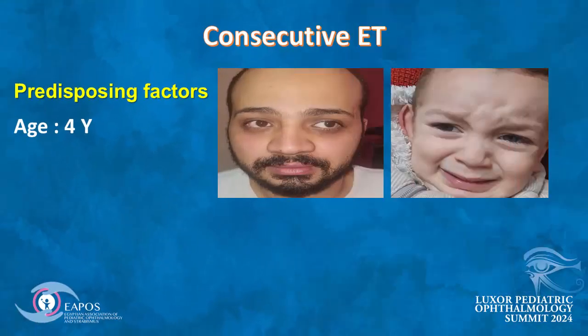What are the predisposing factors for consecutive exotropia? First is the age of the patient. A very young child, less than 4 years of age, or a very old patient will show a high incidence of consecutive exotropia.